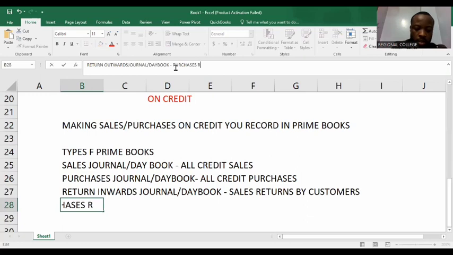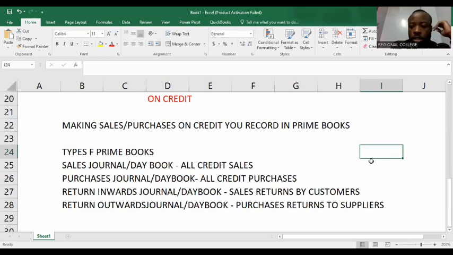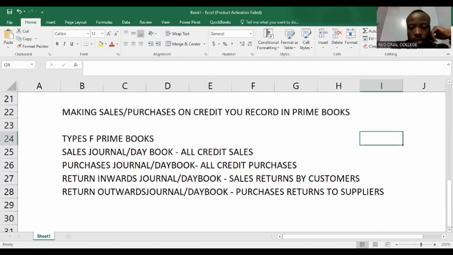You're returning some purchases back to your suppliers, to creditors. Once you know that information, now you have to know how to record all that information. Sales journal, credit sales. Purchases journal, credit purchases. Return inwards journal, in that amount.